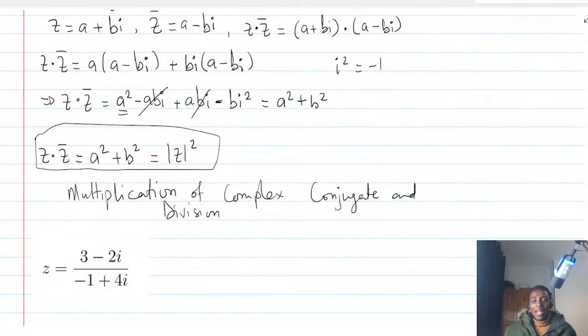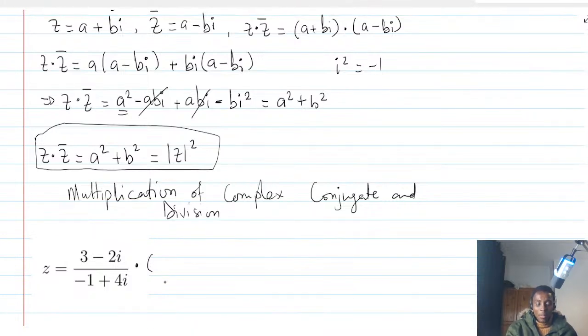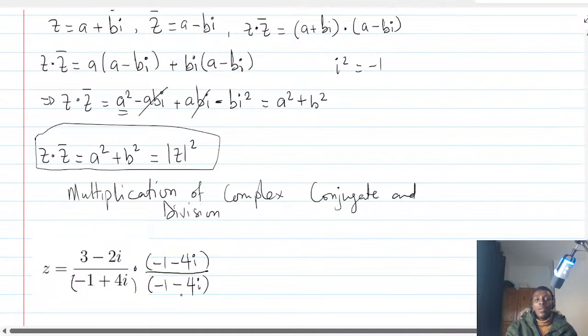So in other words, you will multiply the denominator by the conjugate. So let's do that. You multiply both the numerator and the denominator by the conjugate. So it's like -1 minus 4i divided by -1 minus 4i, right?